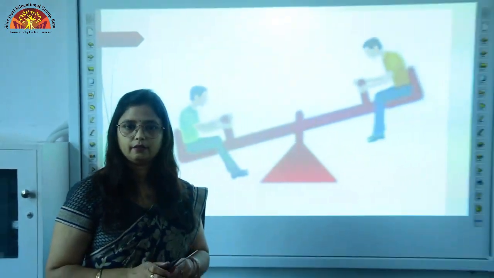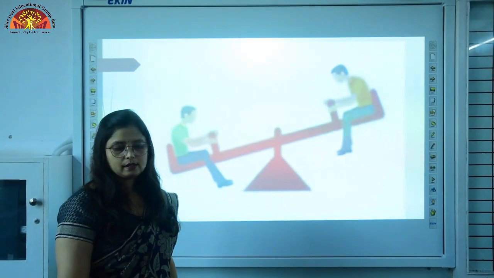So this part is called the load, and the same is with the plier also. This is the fulcrum, here is the effort, and this part represents the load. So these two are very common examples of first class lever.